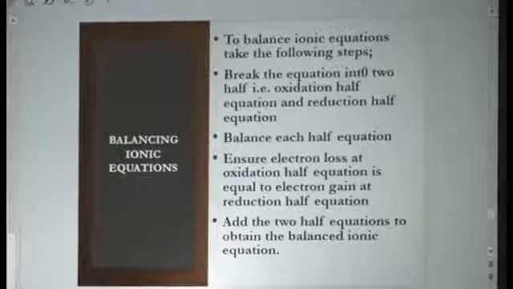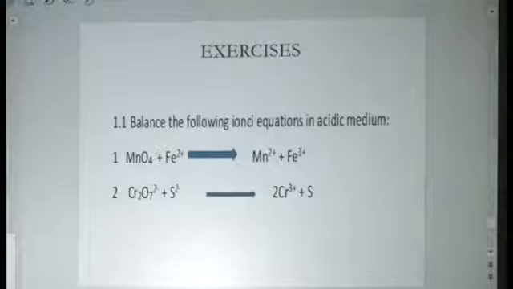So simple. Let us have one example and see how we are going to balance the ionic equation. Here we have balance the following ionic equation in acidic medium. We have MnO4 minus plus Fe2 plus to give us Mn2 plus plus Fe3 plus.